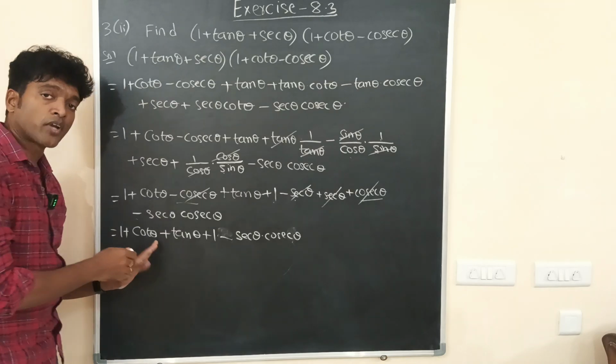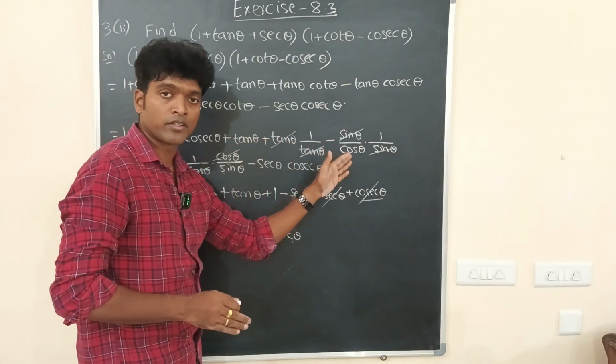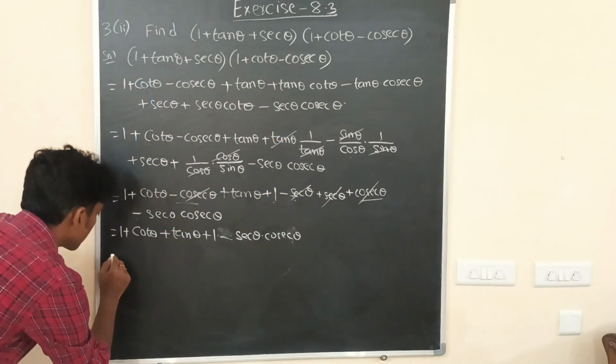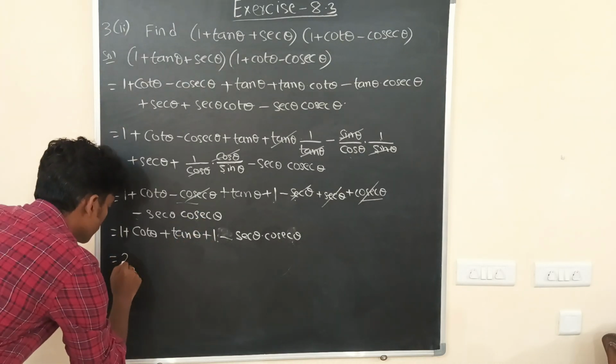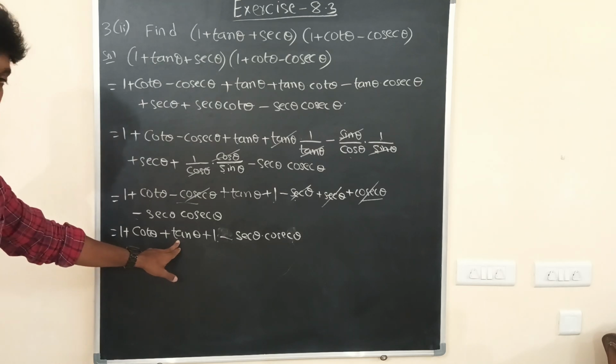Let us simplify this one again. Till now, we have simplified these two terms like that. Now we simplify this one. That is equal to 1 plus 1 is 2. So 2 plus cot theta plus tan theta.